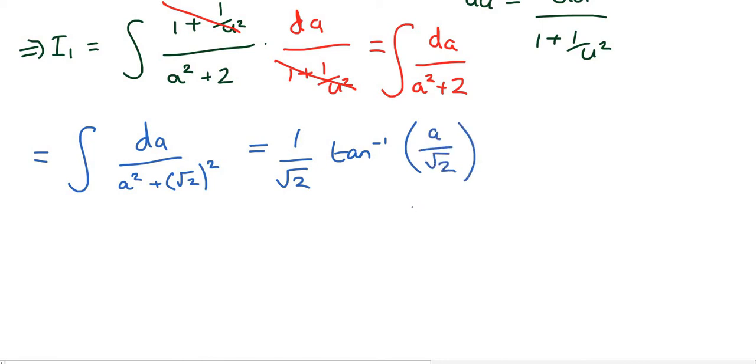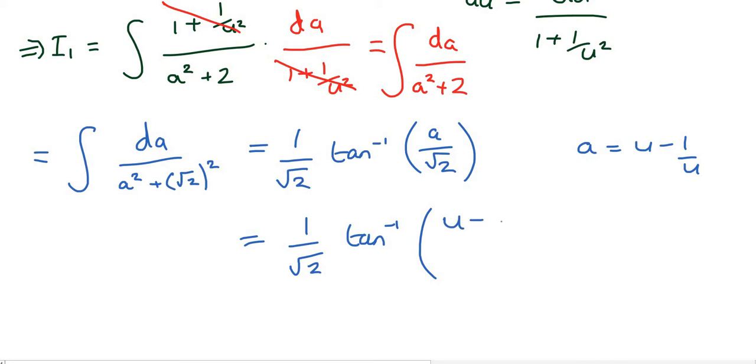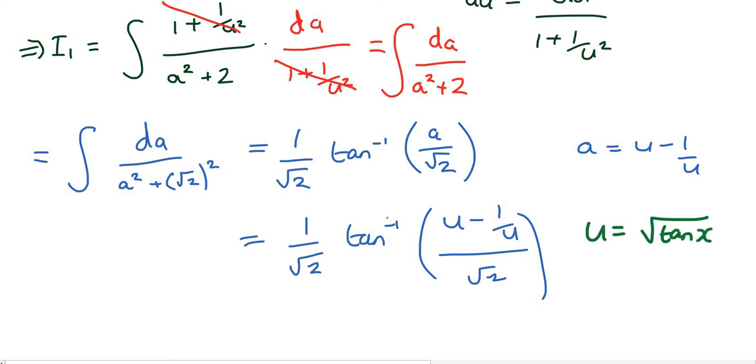Right, good. But don't forget that a was substituted. So remember, a was u minus 1 over u. So this is 1 over square root 2 tan inverse u minus 1 over u over root 2. But again, remember that u, right at the very beginning, which seems like quite a long time ago now, but hopefully you're still following along.